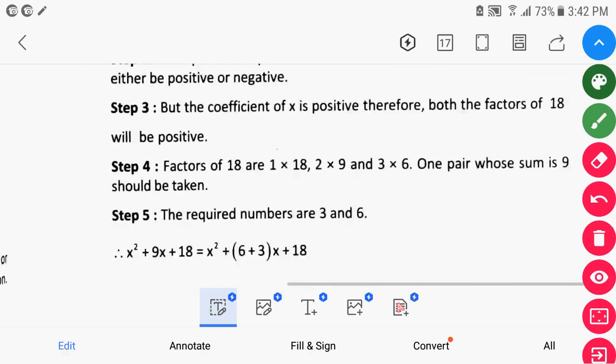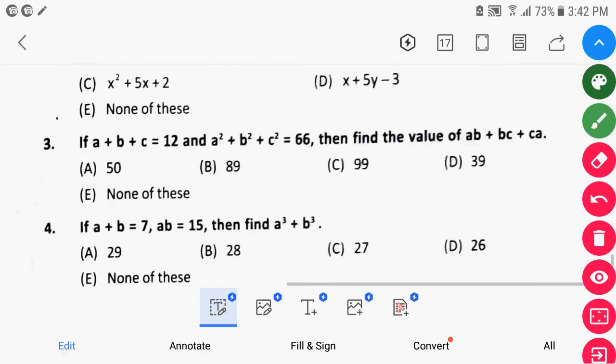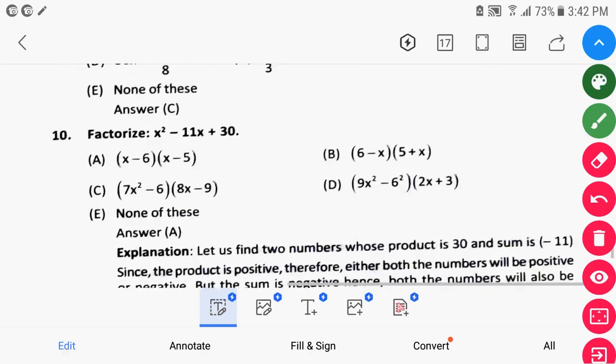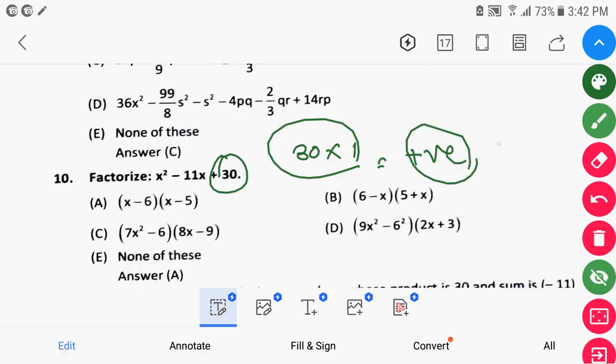Now, in the solved example which I had seen, see here this AC, 30 and 1's multiplication, is a positive number. So the factors are either both positive or both negative. But how do we decide that they are negative?